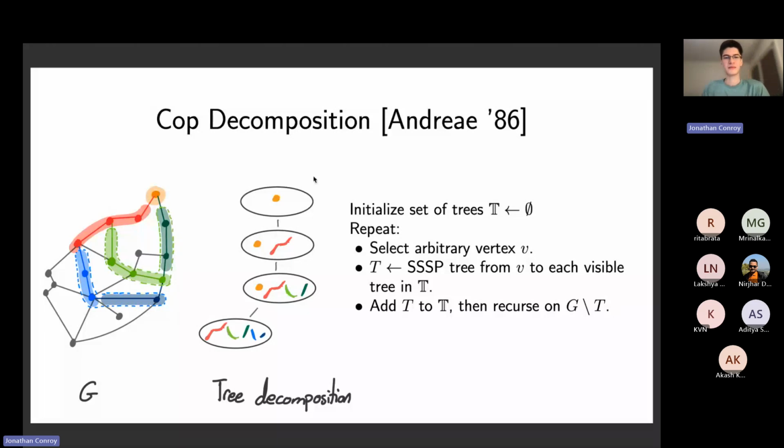Andrea shows that if your graph excludes a KR minor, then you can only see R squared paths at one time, or otherwise you can build a KR minor. So this is the construction, just iteratively drawing shortest paths.